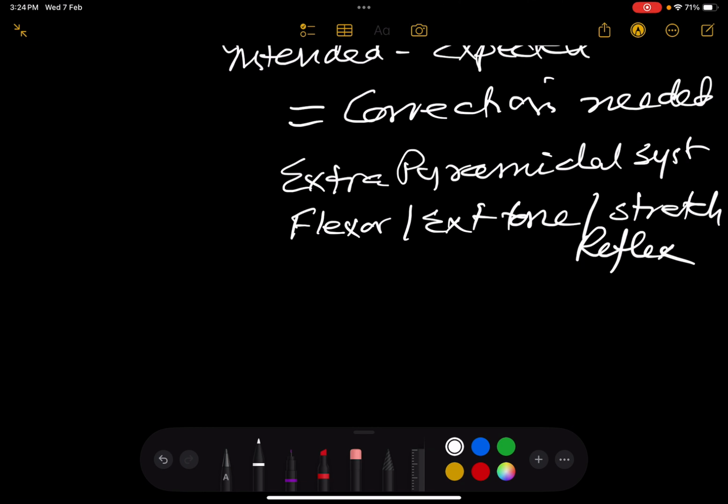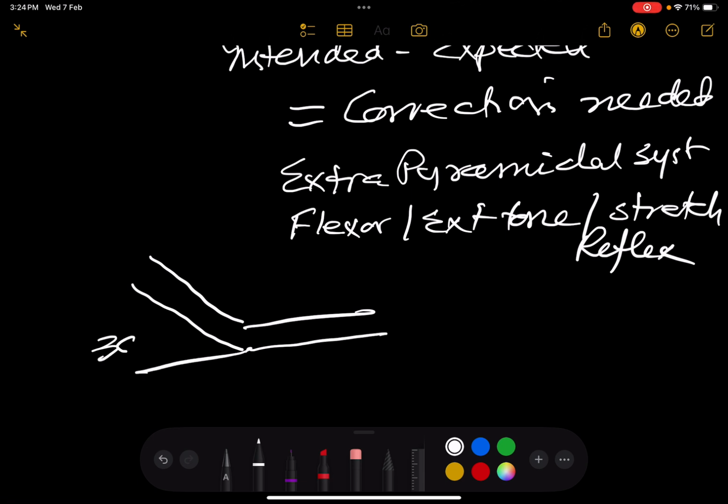So the ability of the stretch reflex is that if the elbow is flexed 30 degrees, the stretch reflex is able to equalize, and the flexor and extensor tone at 30 degrees are equal.